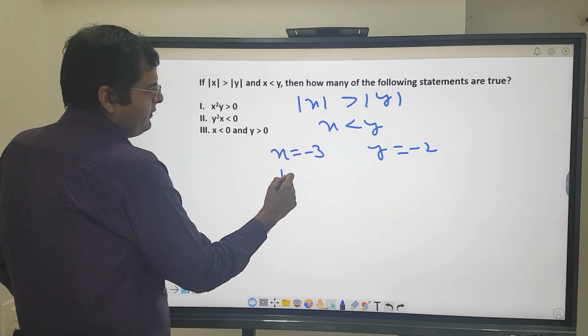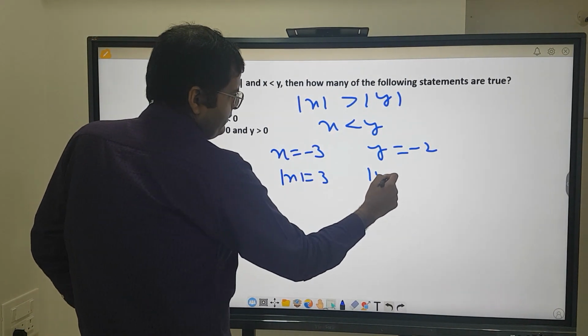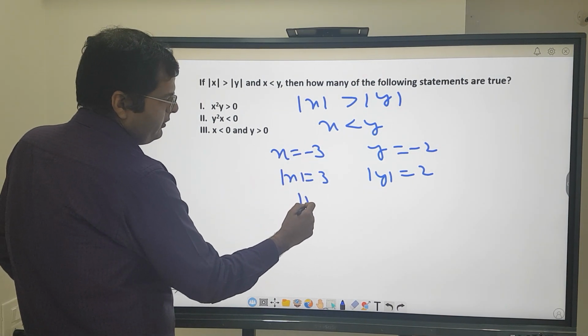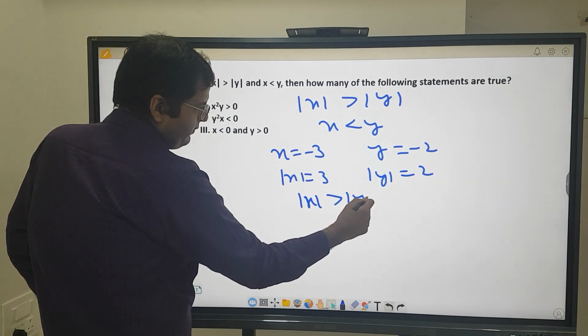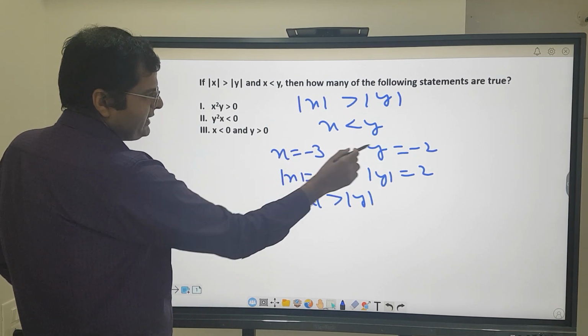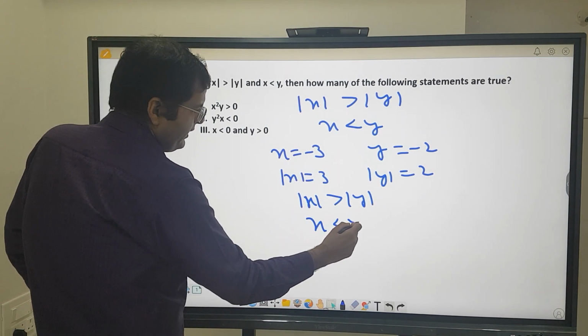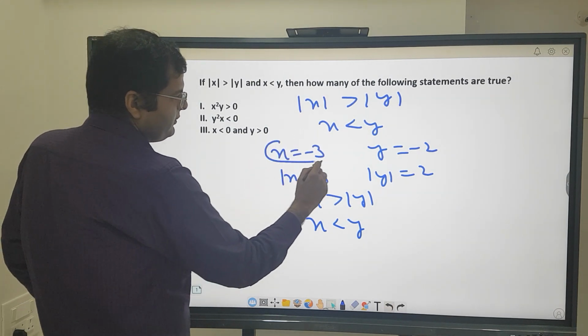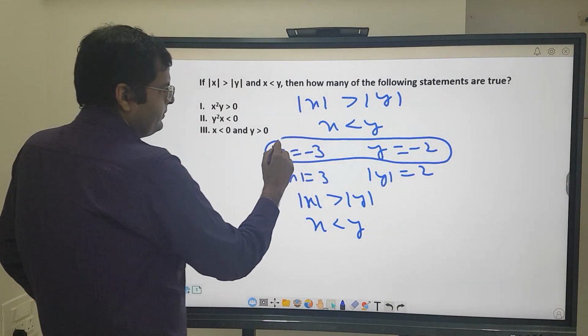In that case, the absolute value of x is 3 and the absolute value of y is 2. So the absolute value of x is greater than the absolute value of y for sure, because this is 3 and 2, and x will be less than y. So these conditions are satisfied in this scenario.